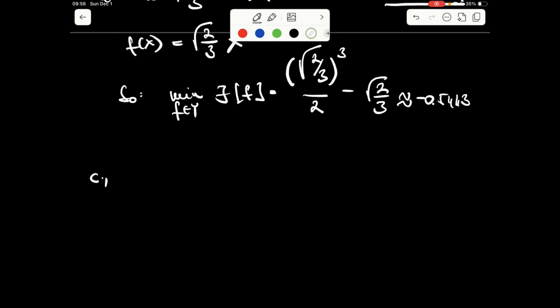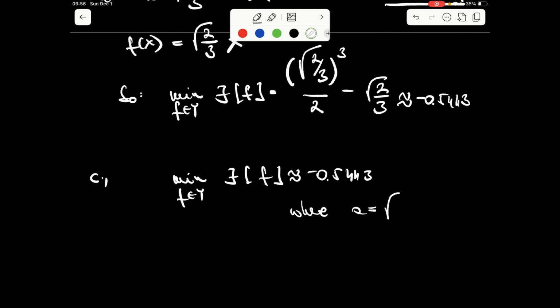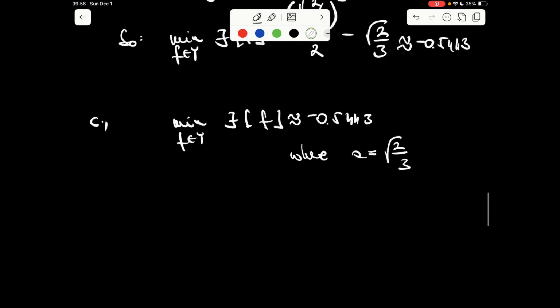So to summarize the previous point, the min is very close to minus 0.5, where a has the value we have just calculated.